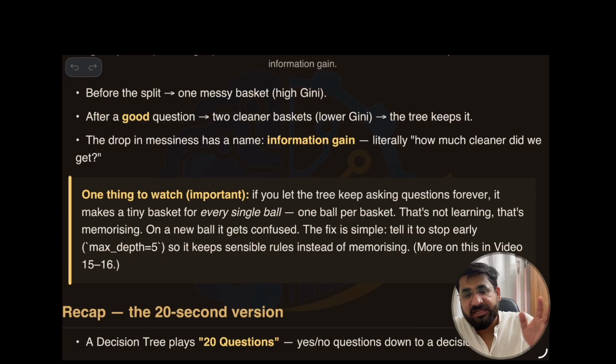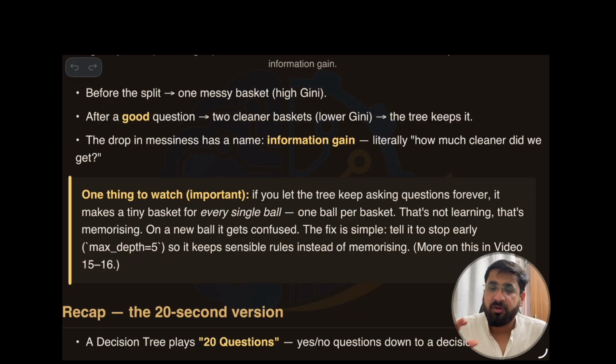If I ask a series of say 100 questions, and at the end every new basket has only one type of ball, then what is the learning? It is memorizing. As many balls, as many baskets, then there is no pattern learning. So this is called memorizing. You got this point? So this is the drawback that we discussed.